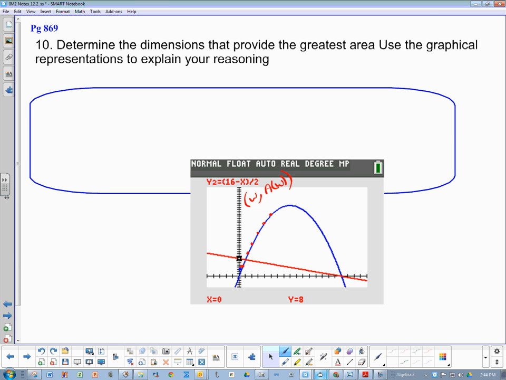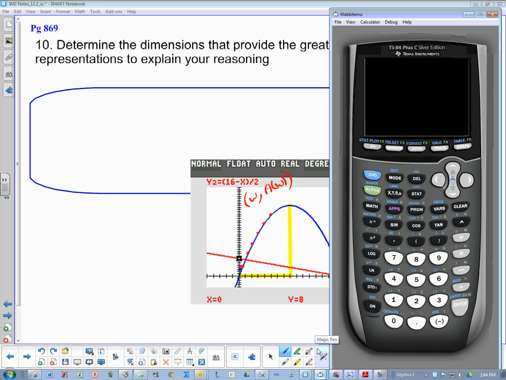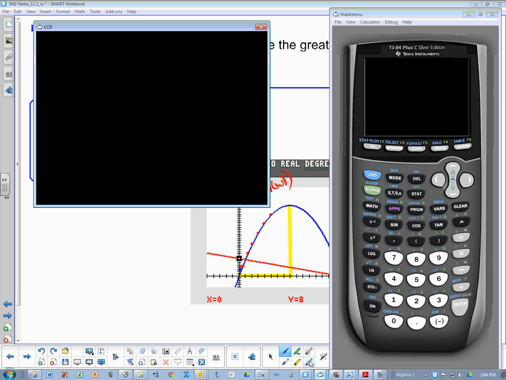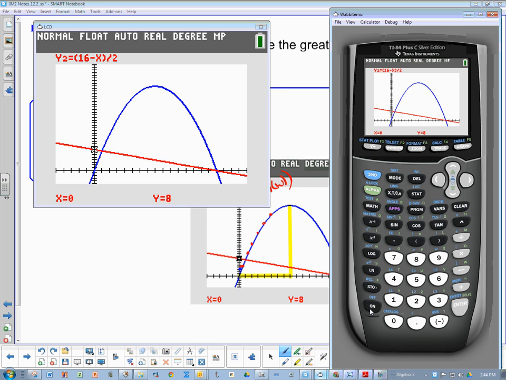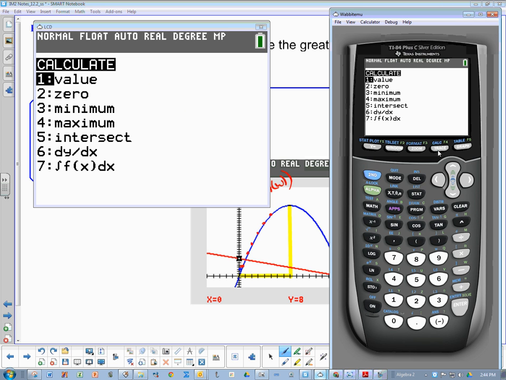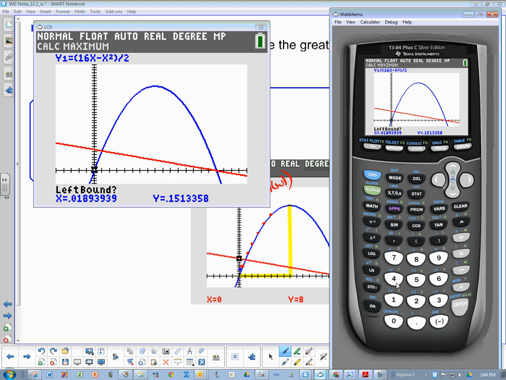Now, I would gather that you understand that when we move to the right a certain amount and then up, this point is going to be your maximum. That point we need to find. We have a calculator to do so. Here's the calculator. Let's open it up nice and large for you to see this whole thing. I'm going to go second trace and find the maximum, number 4.